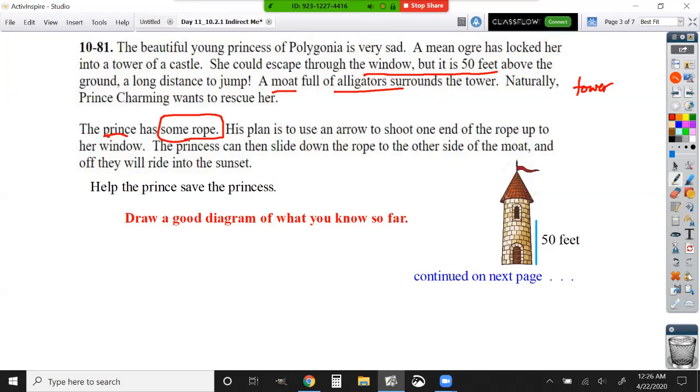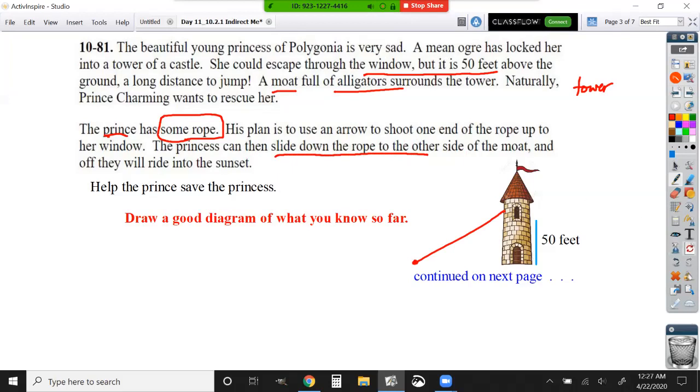His plan is to use an arrow to shoot one end of the rope up to her window. So he's going to shoot one end of the rope to the window. The princess can then slide down the rope. So I assume the rope's not hanging straight down, but maybe it's going to be hanging at a diagonal down to where the prince is. And off they will ride into the sunset.